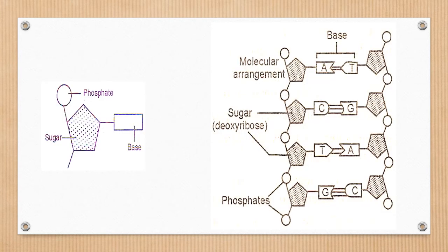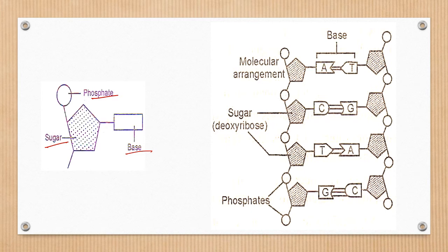So let's see this based on Chargaff's rules. It is just a representation: the circle is a phosphate, the pentagon is a sugar molecule, and the square box is a nitrogen base.